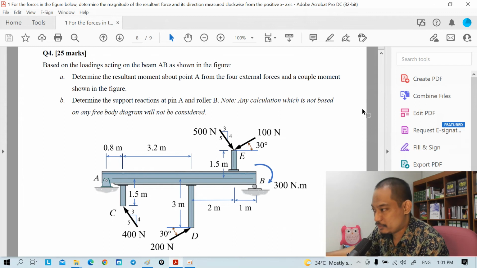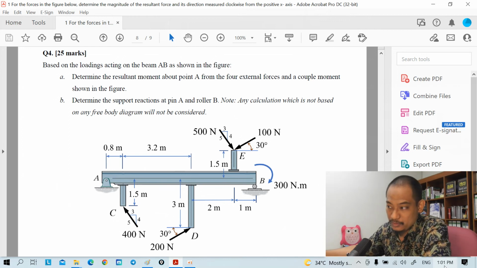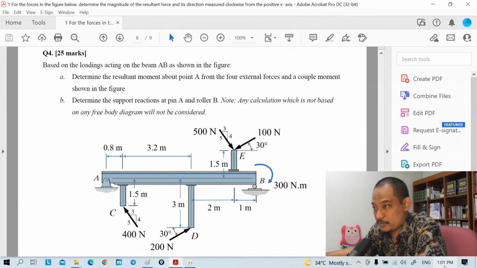Alright, so it is past 1 AM, so our time block for question number 4 is the last half an hour, which is 1 to 1:30. Alright, so this is the question. Based on the loadings acting on the beam AB shown in the figure, first, determine the resultant moment about point A from the 4 external forces and a couple moment shown in the figure, right?